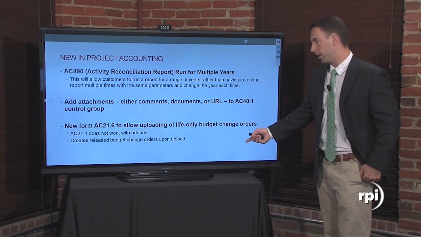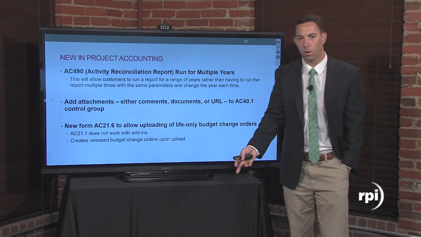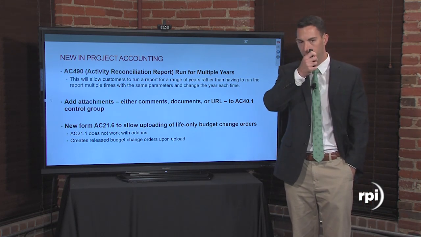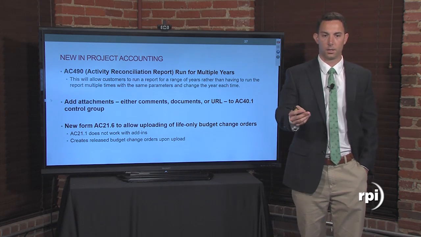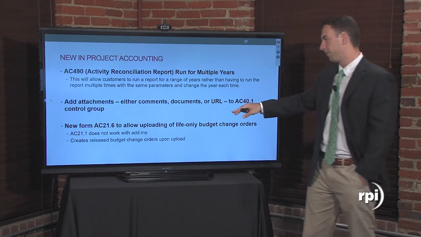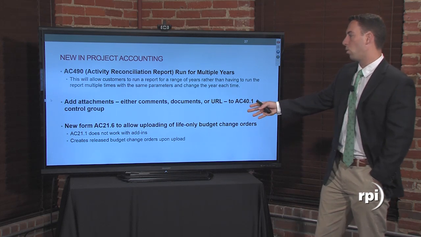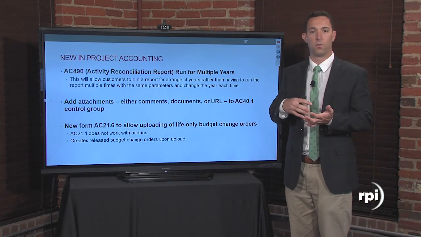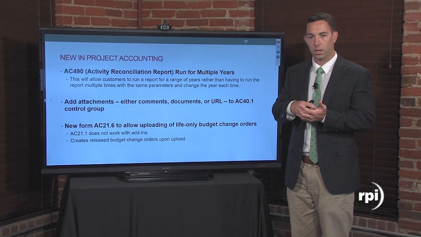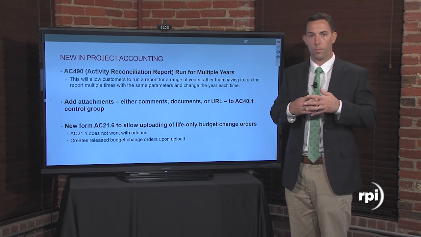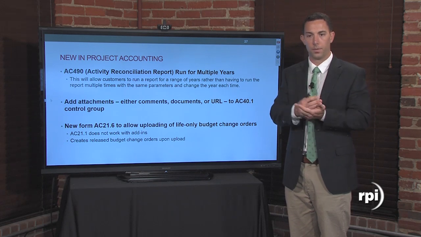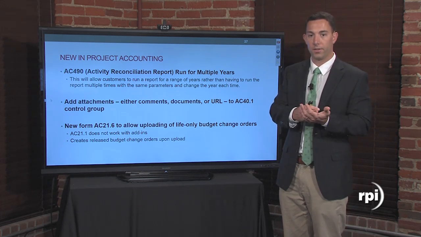The last thing, AC21.6, is a brand new form, and what it allows you to do is upload budgets to the AC system. So if you remember, AC21, if you're using that for your budgeting, you need to actually go up to the special actions load before you can upload any budget to your account categories or activities.